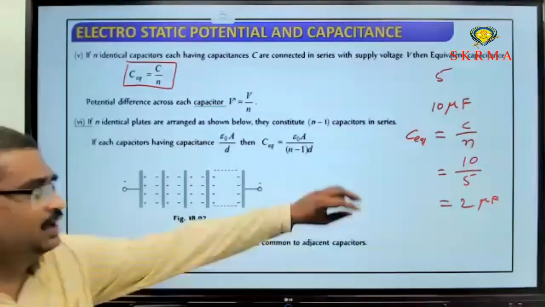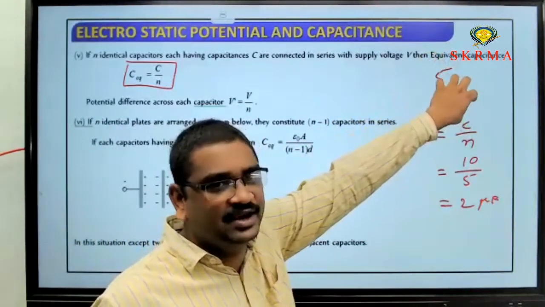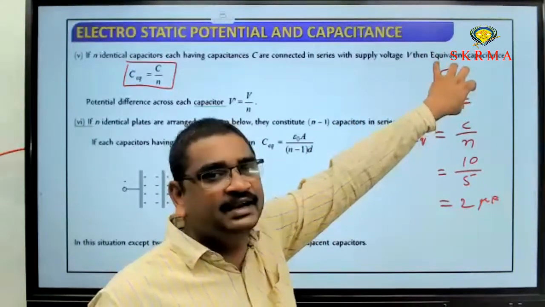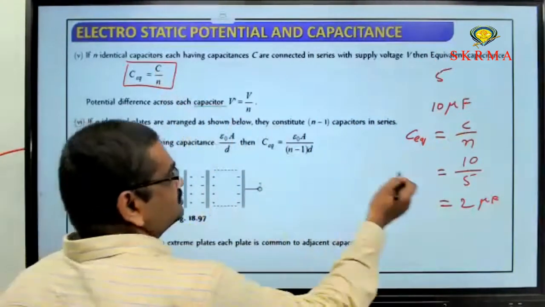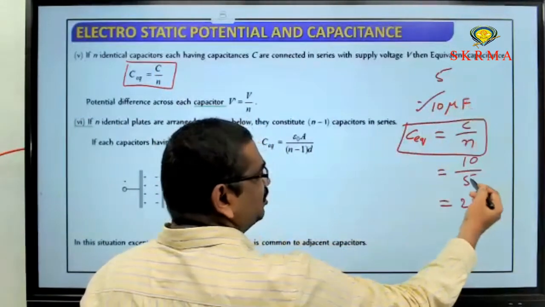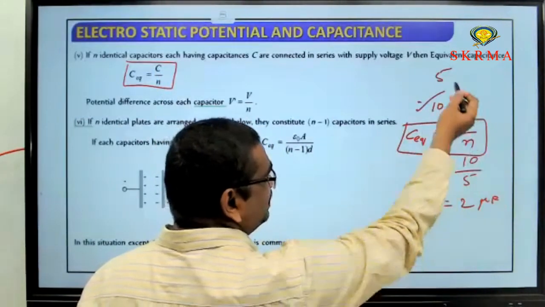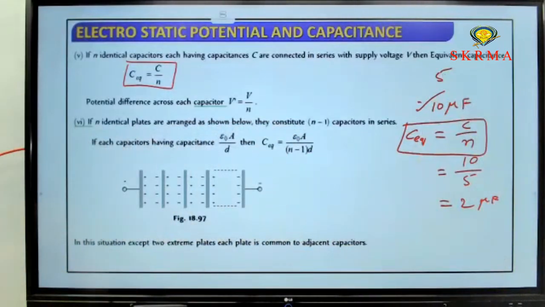So assume that 5 equal capacitors, each of capacitance 10 microfarad, are connected in series. What is the equivalent? Use this formula: C equivalent equal to C by N. What is the value of C? 10 microfarad. How many are there? 5. So 10 by 5, 2 microfarad is the answer.